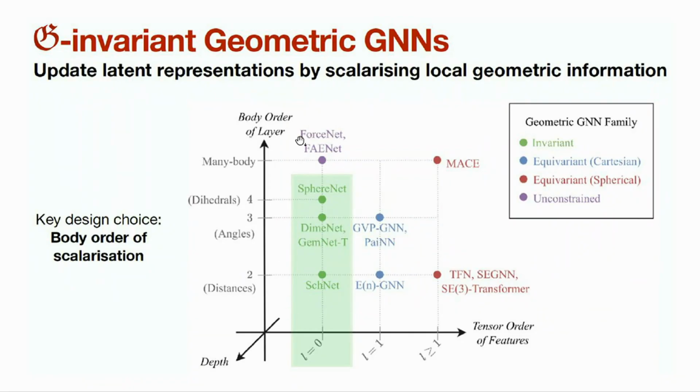And the key difference among these different architectures is basically how we derive these invariant values from the geometric features, such that we preserve the invariance and at the same time also try to keep most of the information about the geometric attributes. It might be a little bit abstract at this level, but you can consider the order of scalarization here to mean how many bodies you consider when you do scalarization, when you turn these geometric features into invariant features. I'll explain that in more detail next, for sure.